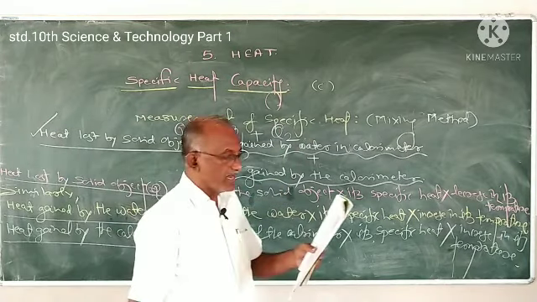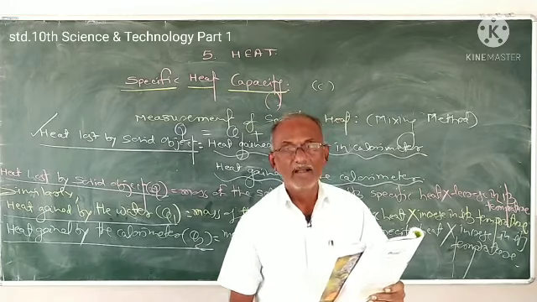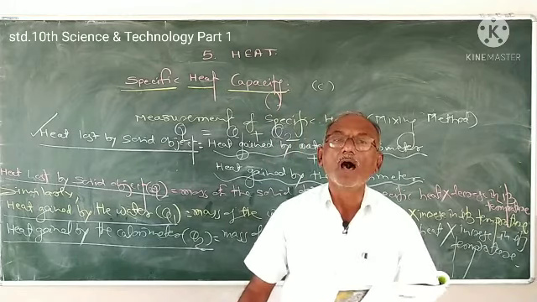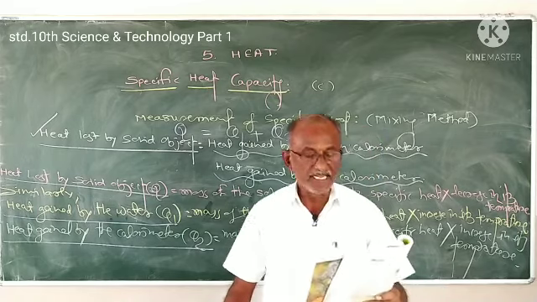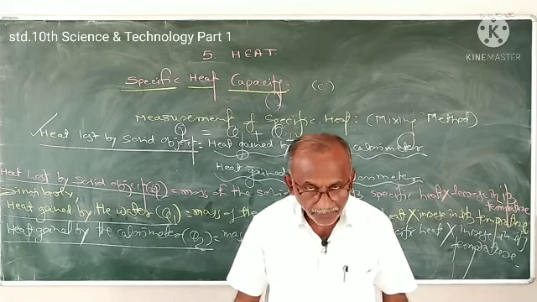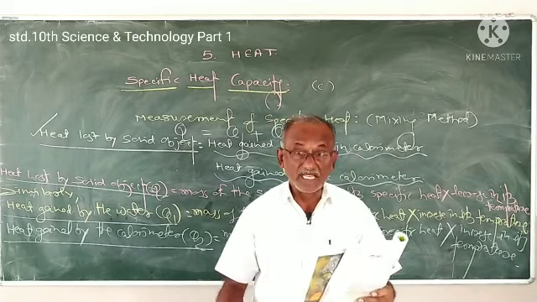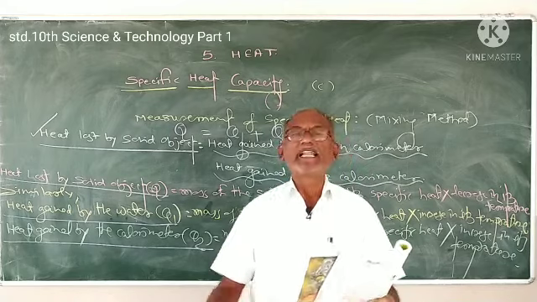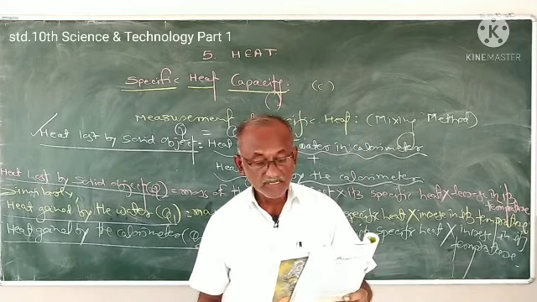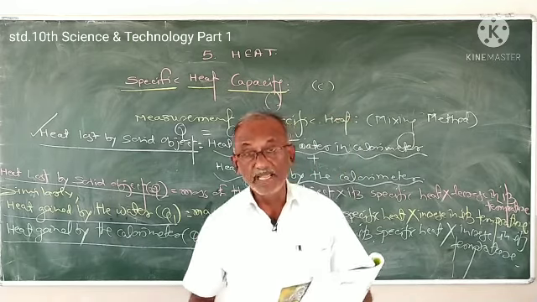Using these equations, if the specific heat of water and the calorimeter are known, the specific heat of solid object can be calculated. Means, if the specific heat of water and calorimeter is known, then the specific heat of solid object can be calculated.